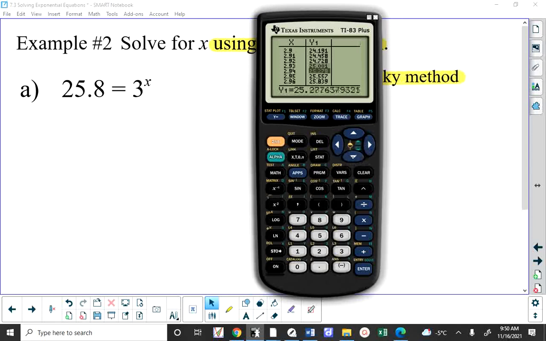I can see here that when I use x equals 2.95, I don't get a number that's 25.8, I get a number that's less than 25.8. When I use 2.96, I get a number that's more than 25.8. So I think you know where this is going. I'm going to start at 2.95 and go up by a 1,000th.